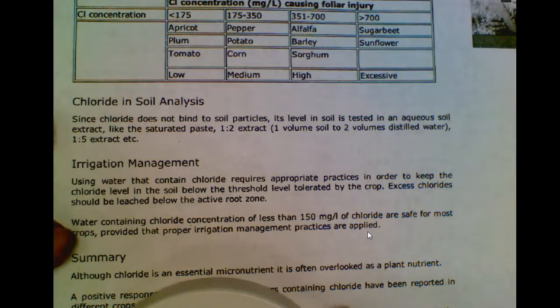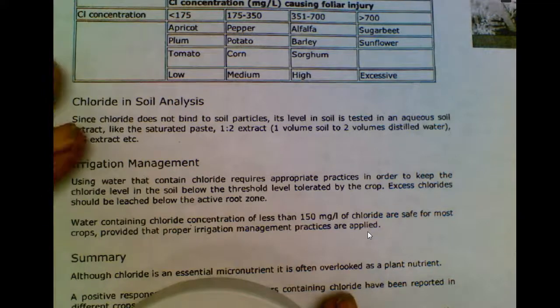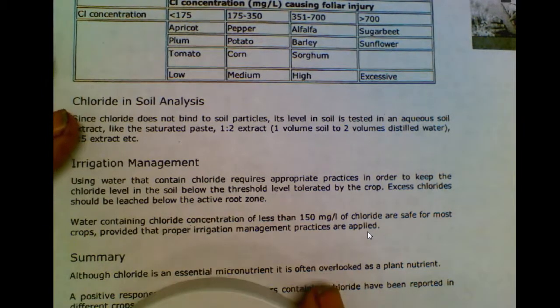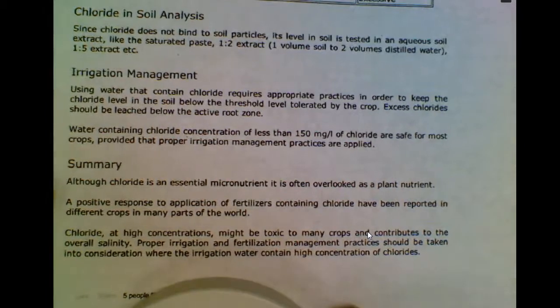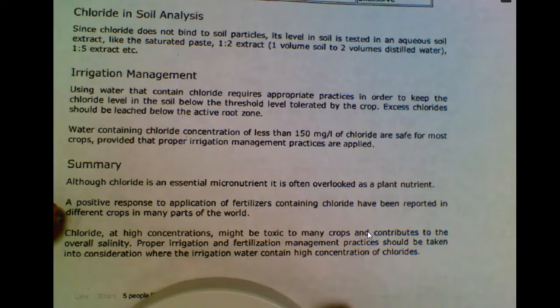But water containing chloride concentration of less than 150 milligrams per liter is usually safe for most crops, as long as you use appropriate irrigation practices. Usually chloride is overlooked, and there are some positive responses to the application of fertilizers containing chloride in different crops in different parts of the world.